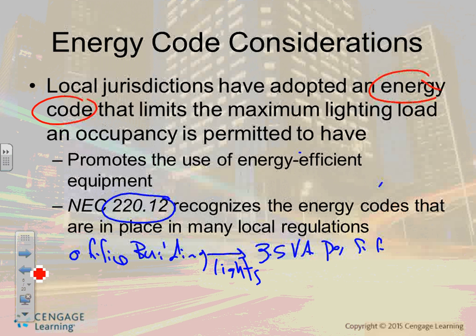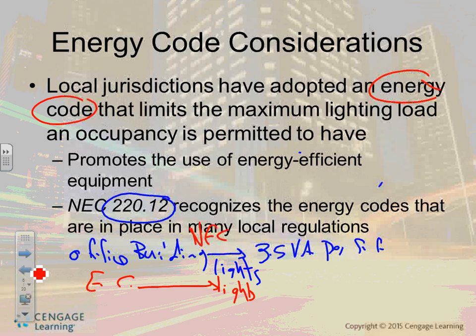Energy code. So how does the energy code work with the building code? To meet the energy code, this is the NEC code book. Now the energy code for lights, you know how much they allocate for lights?